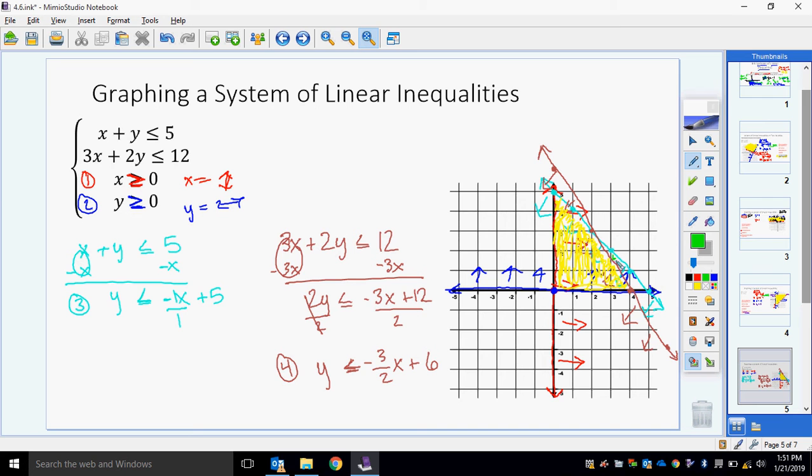This area right here would not be shaded in. Why? Because it's not below the rust color. It's below this turquoise, but it's not below the rust. Don't shade in that, and then don't shade in this in green, because why? It's not below that teal color. So only the yellow portion would be the common shaded region.